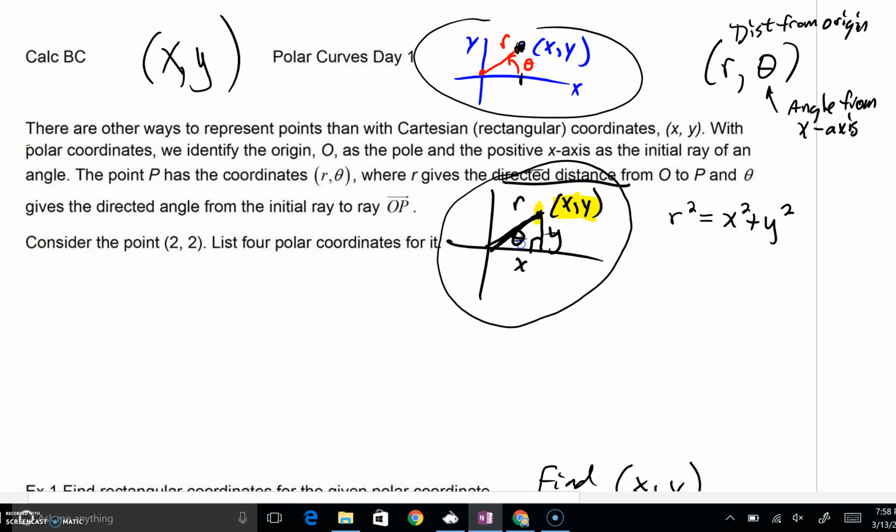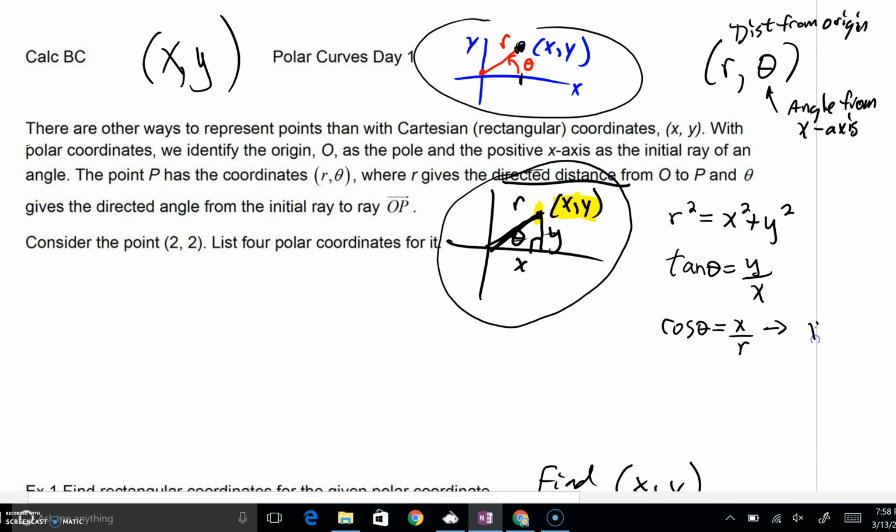Likewise, we also look at this angle theta. Tangent is always the opposite over the adjacent. Tangent of theta is y over x. And very importantly, we also know from basic trig that the cosine of theta would be the adjacent side all over the hypotenuse. That'd be x all over r.